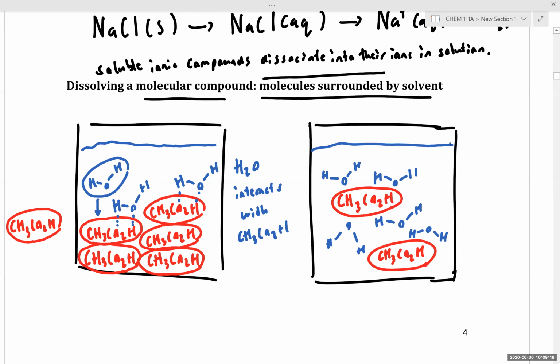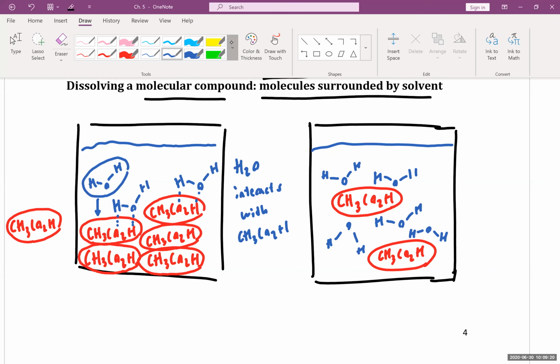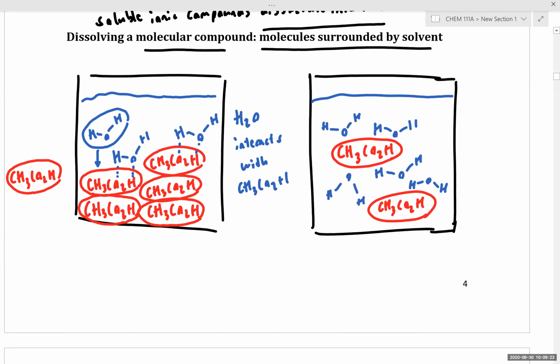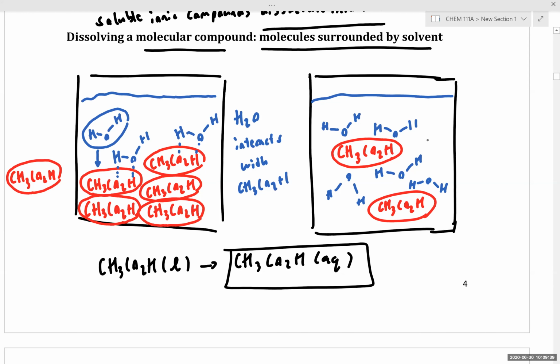Okay, now, the main takeaway from this discussion is this idea that we went from acetic acid as a liquid to aqueous acetic acid. And I'd like you to answer the following question. In this picture that we've drawn, does acetic acid exist as whole molecules or ions primarily?